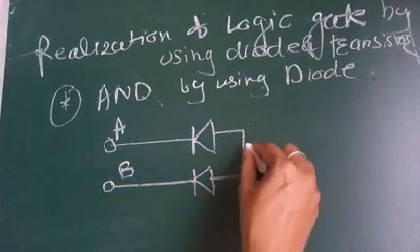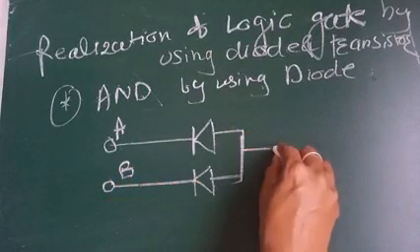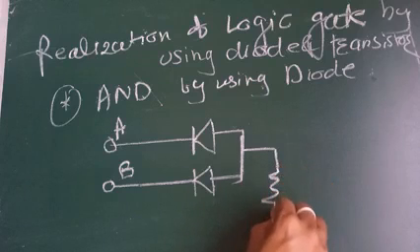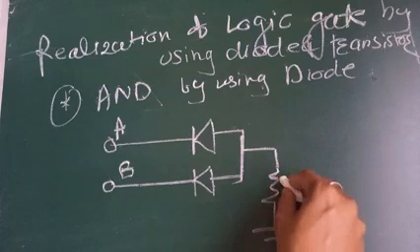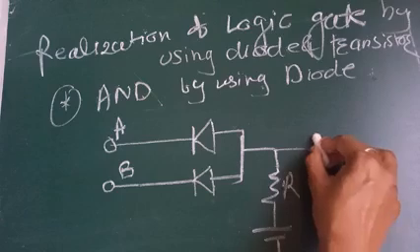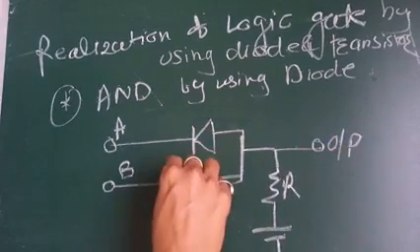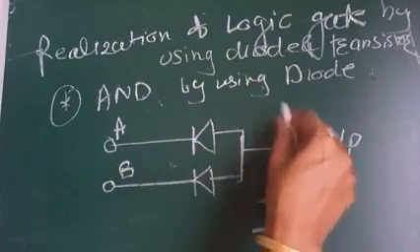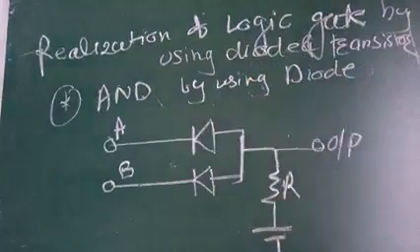Now the shorted anode is connected to a battery of, let us say, 5 volt through the resistor R. And here you have the output.